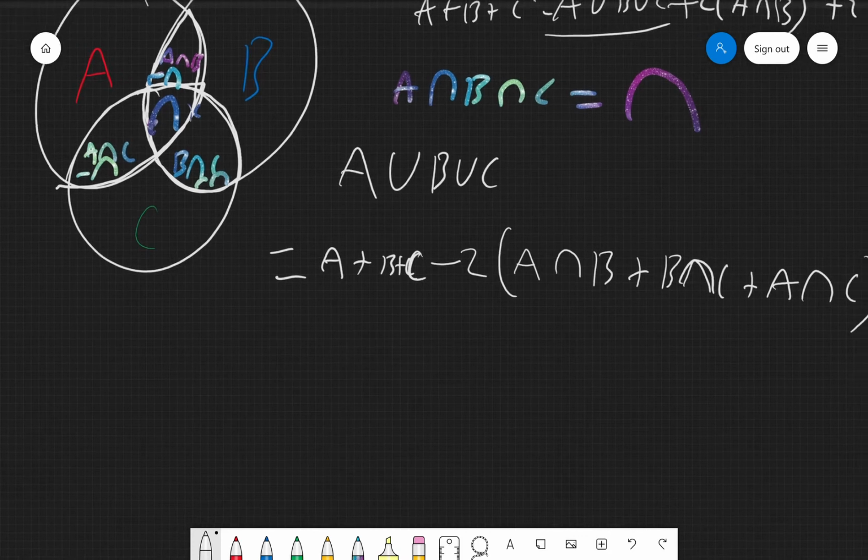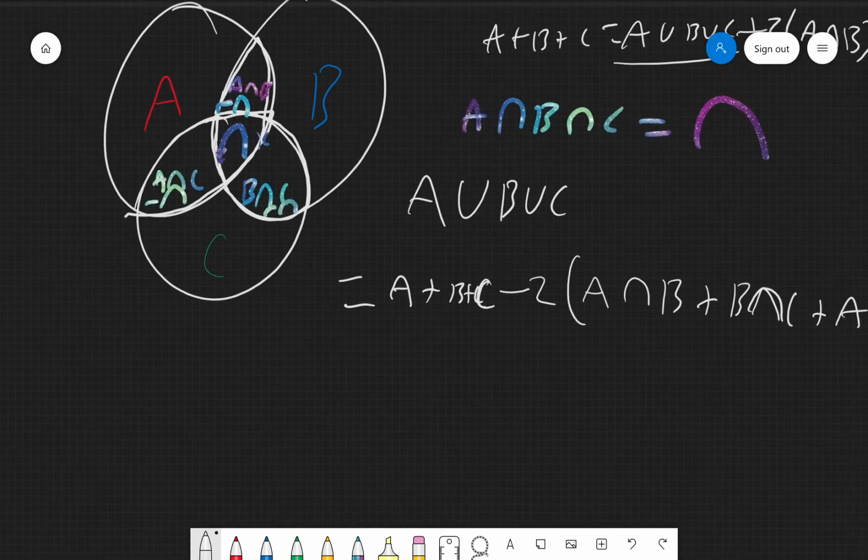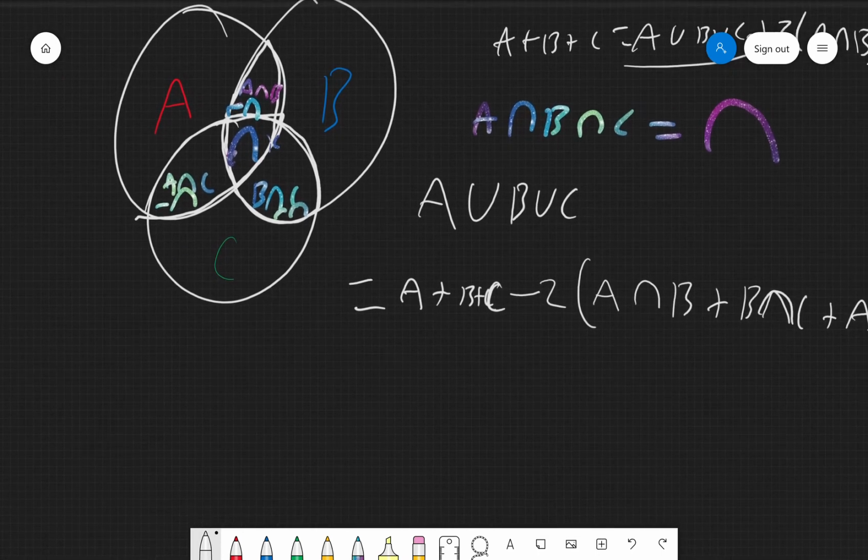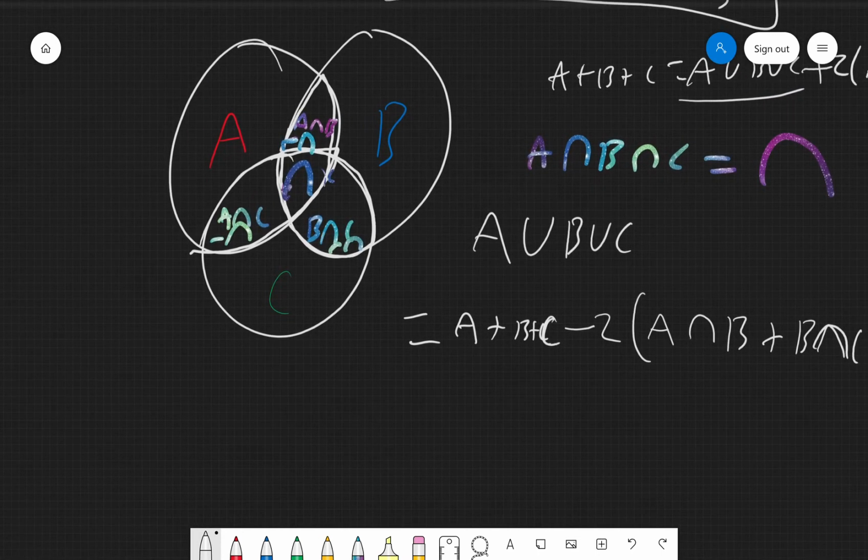I want to just explain this a little. So A plus B plus C. Notice that A plus B double counts this area. Wait, is this right? Hold on.